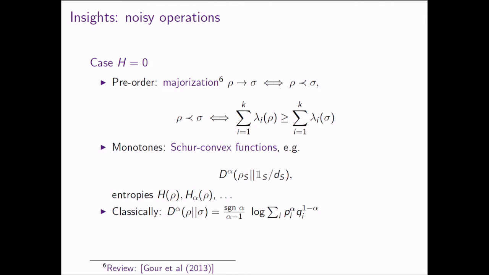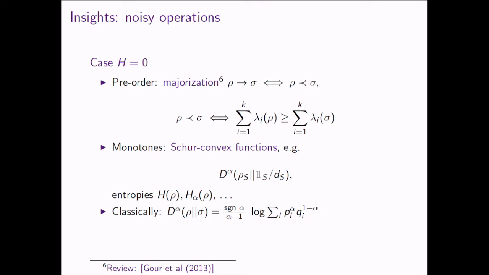So what you get if you have this kind of pre-order on your set of resources, then your monotones are all the Schur convex functions. So in particular, you have this thing here, which is a divergence, or the Renyi divergence to the set of free states. Some of you are very familiar with this, and I will not say anything new.